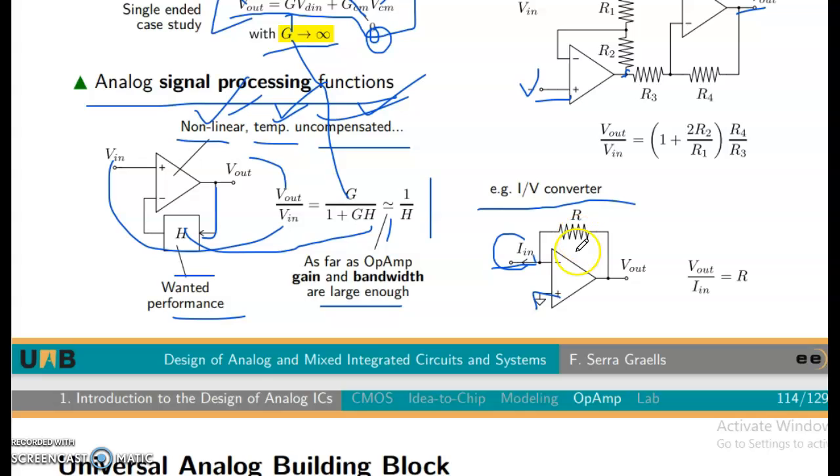So the input is current only and the output is voltage. Output voltage divided by input current gives us R. This is the IV converter, current to voltage converter.